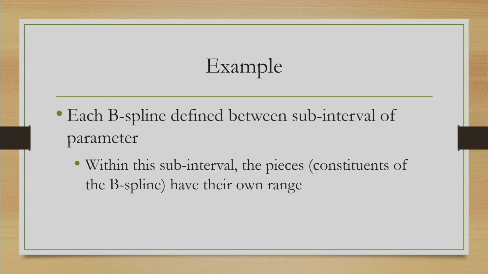So, as you can see in the previous formulation, each B spline is defined between sub intervals of the parameter t. Now, within this sub interval, the pieces that are the constituents of the B spline have their own range. So, we have a range for the B spline and we have sub ranges for the constituent polynomial pieces of the B spline.